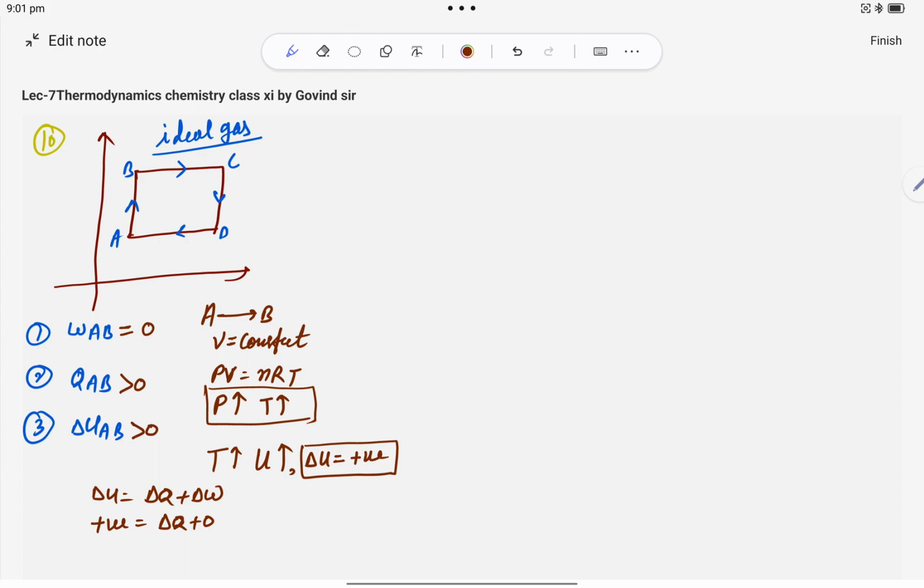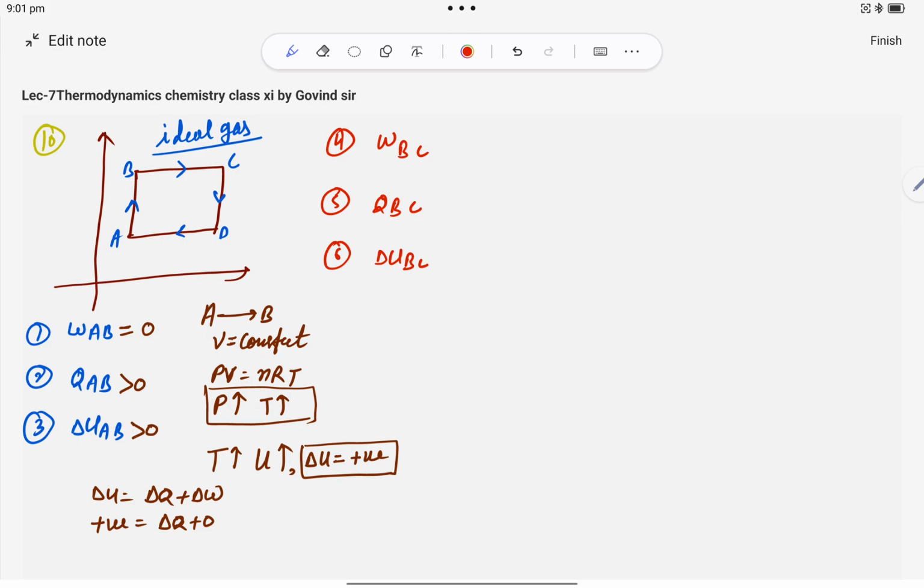Like that question they will ask. From the same pattern, question number 4: WBC, QBC, delta U BC. Okay, that they are asking.